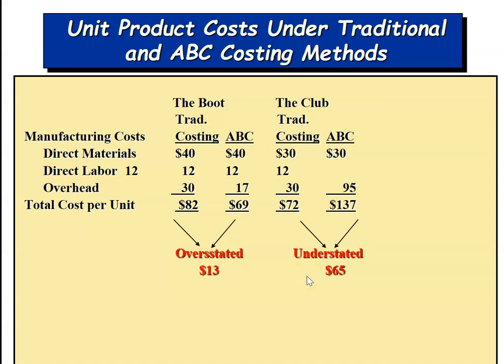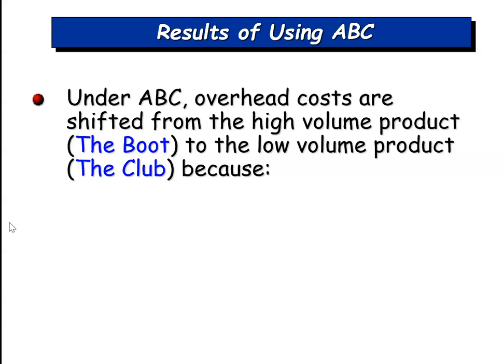So you can see now the use of activity-based costing produces far more accurate results. Far more accurate. $65 understated tells us right away we need to be using activity-based costing. If we don't, our product costs, especially for the club, are going to be far, far understated.